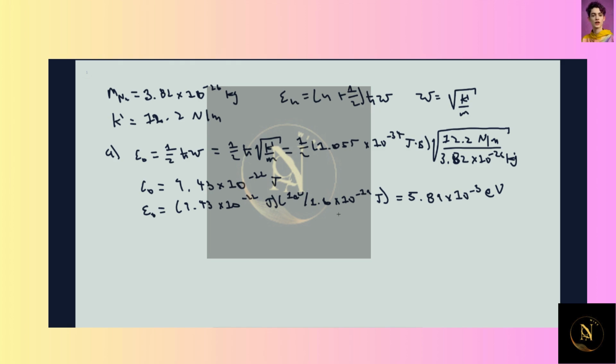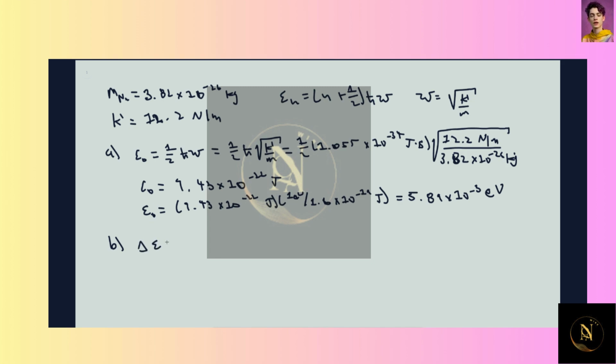Okay, so for part B, it asks what's the wavelength of a photon emitted when the n equals 4 to n equals 3 transition occurs. So we need to figure out what that change in energy is between those two.